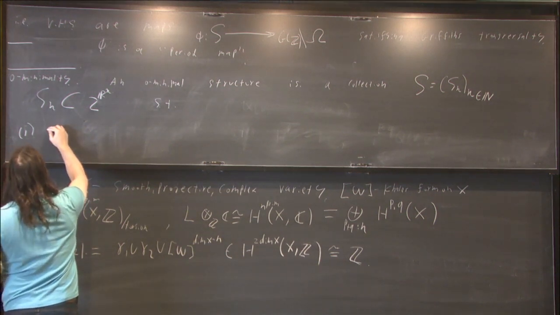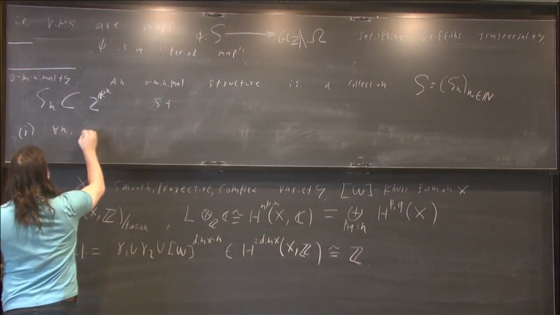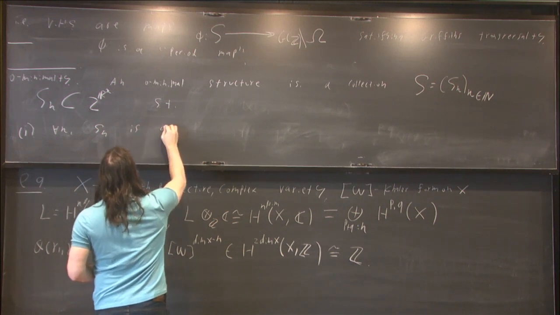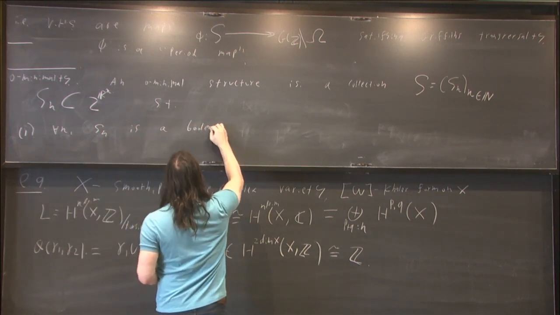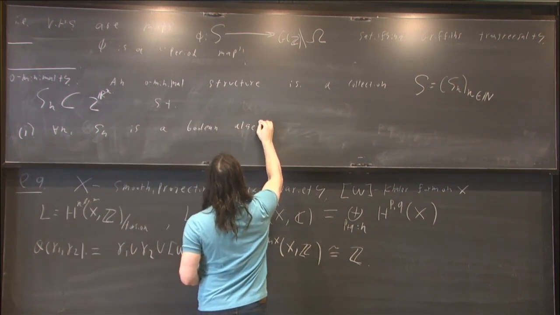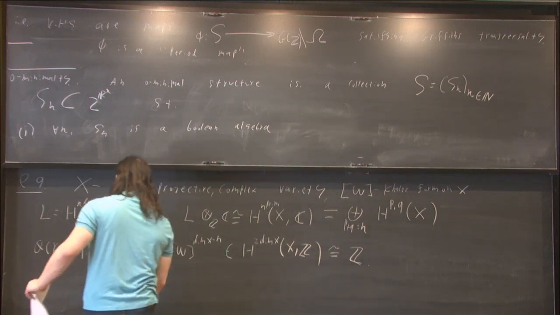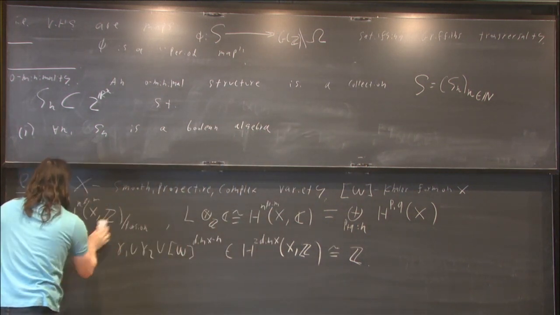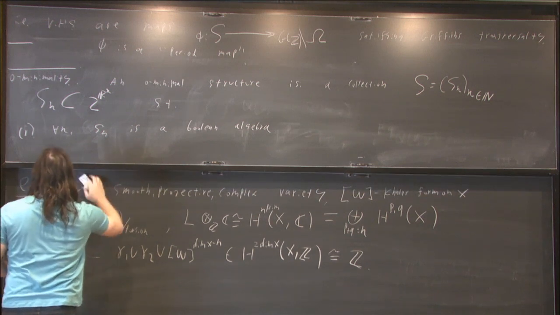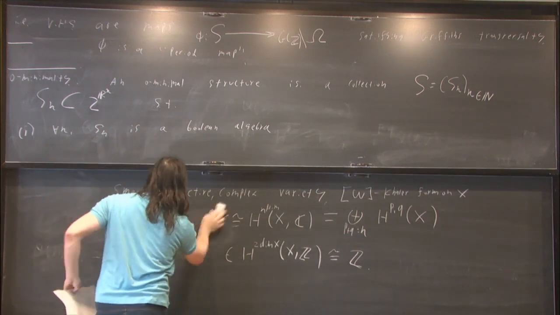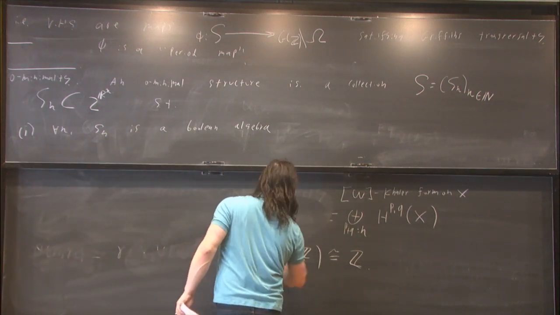First of all, for all n, Sn is a Boolean algebra. In other words, if you have two definable sets, you can intersect them, take complements, and union them.